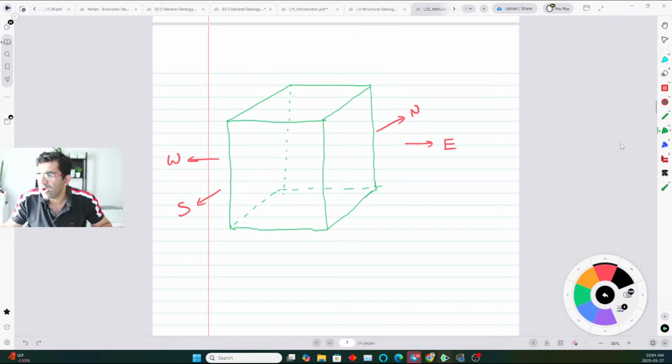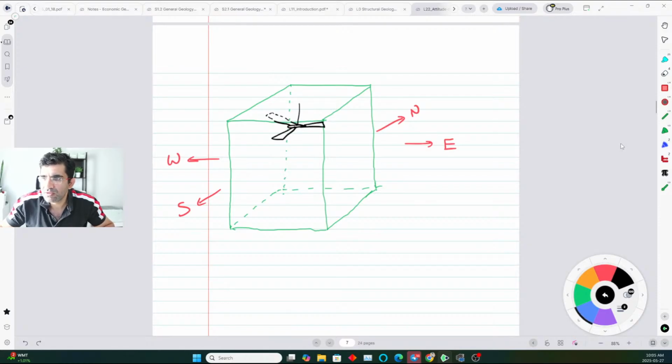Let's say you have a ceiling fan here. If it has 3 blades, what will be the angle between each blade? 60 degrees.